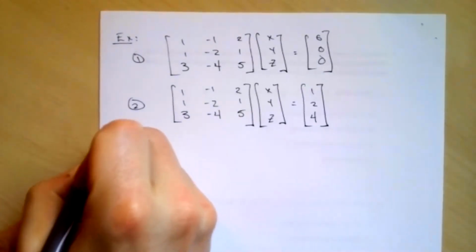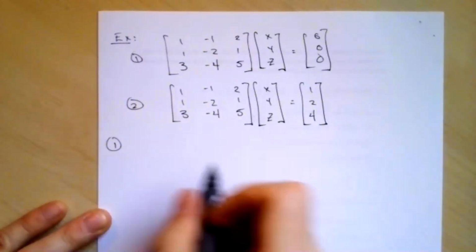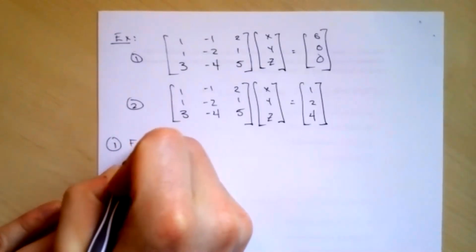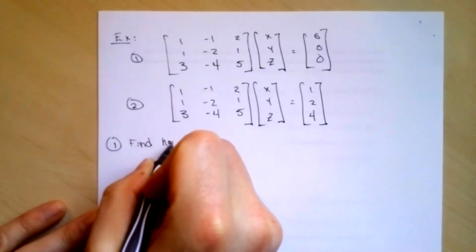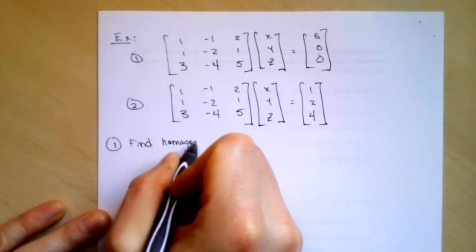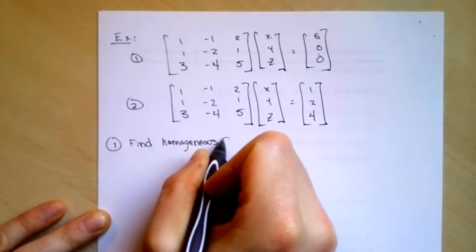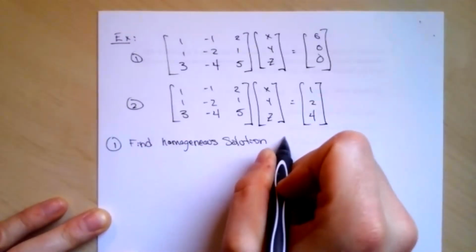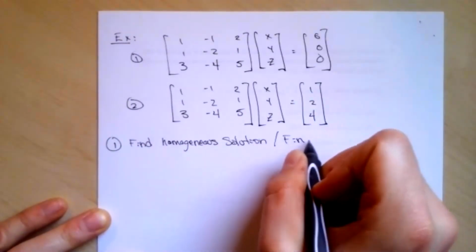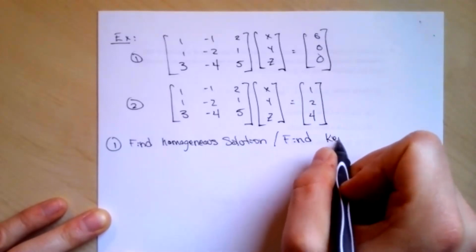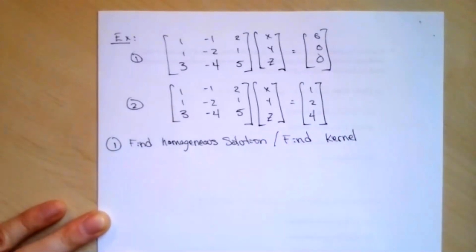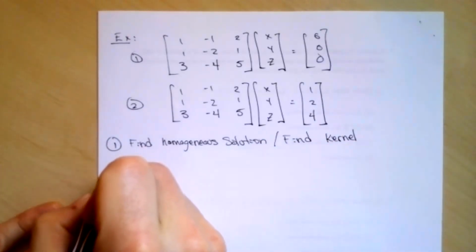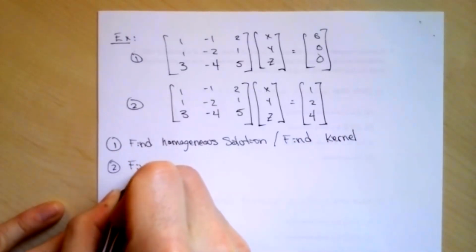So the steps in this, sorry for not writing it all out, but it might say something like: 1, find the homogeneous solution, or something like find the kernel. And then 2, find the general solution.